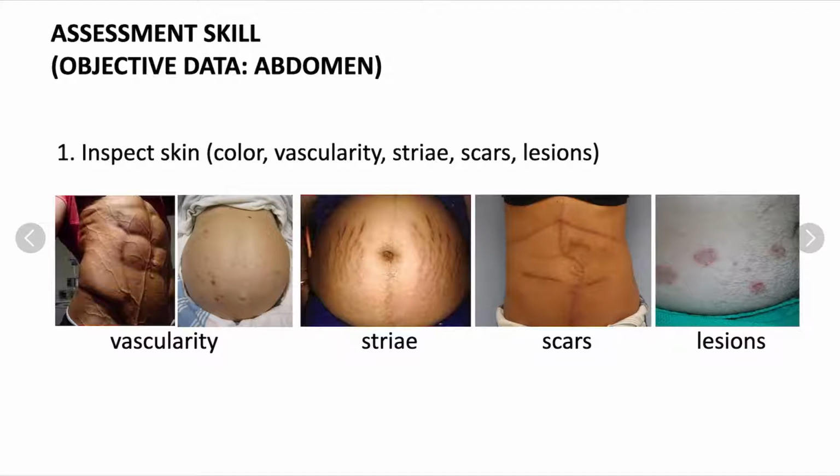Okay, so we see here in the first set of pictures we have the vascularity. When we say vascularity, those are veins that are protruding. So here in this side, you see vascularity that is really prominent because of working out.